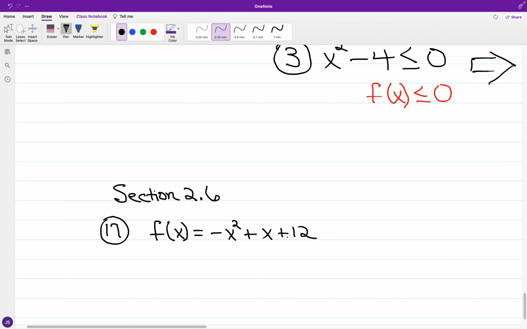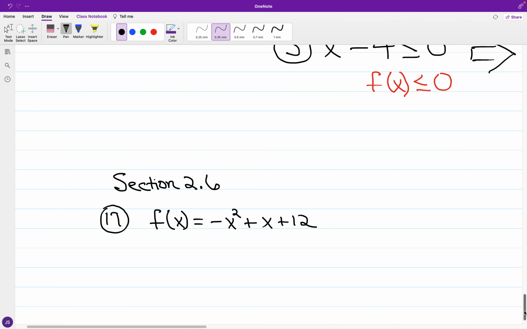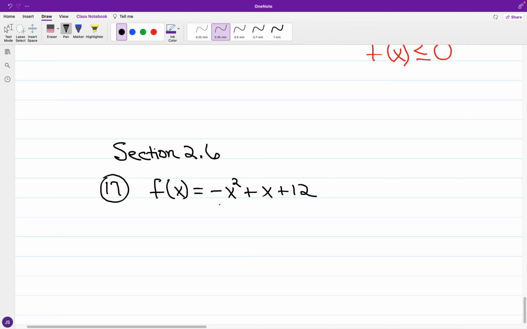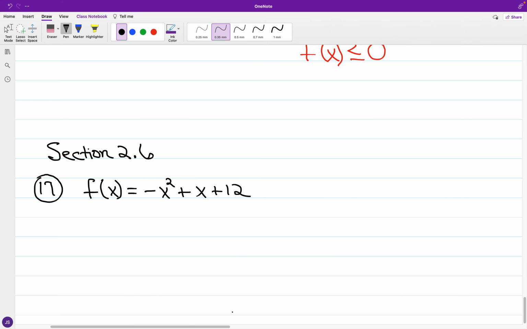Now this problem is going to have like 5 parts once again. And now for f of x, you have negative x squared plus x plus 12. Now the first part, you're looking at the values of x for which this polynomial is equal to 0.